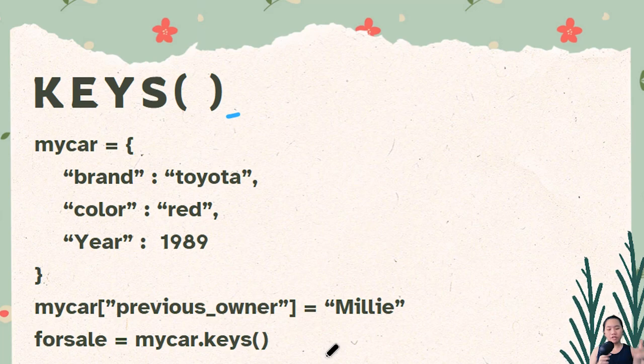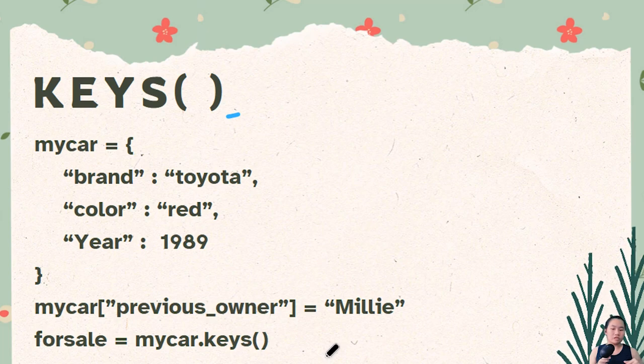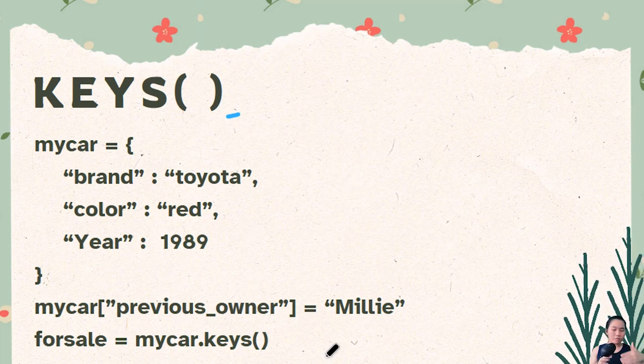If you make any changes either to the key or to the value, the methods would update every time you print it out, all right? Now, obviously, you have to put the changes before the method statement. Otherwise, it's just going to give you the old dictionary.